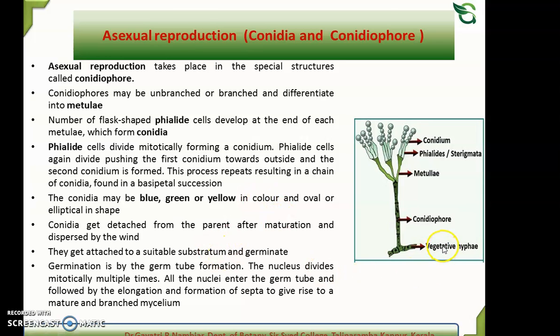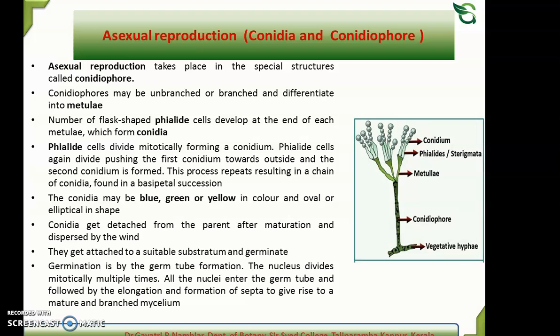So on the vegetative hyphae, conidiophores develop. At the tip of the conidiophore, medullae develop, and medullae give rise to phialides or sterigmata which are flask shaped. On the sterigmata, conidia are formed in chains in basipetal succession, and they are blue, green or yellow in color, and at maturation the conidia are dispersed by wind, and on falling on a suitable substratum, they develop a germ tube.